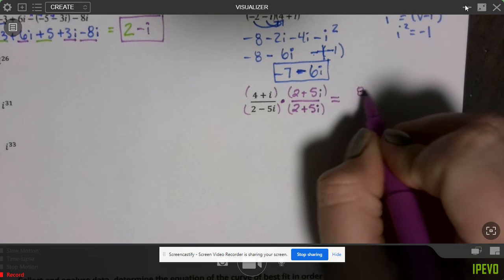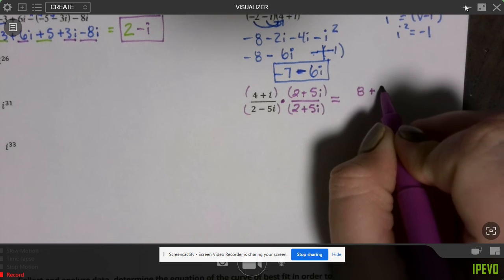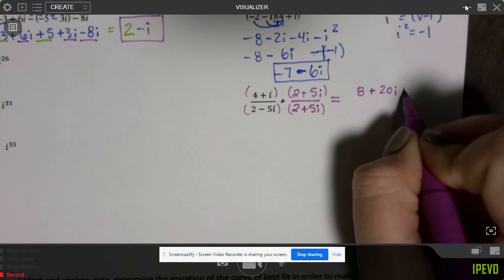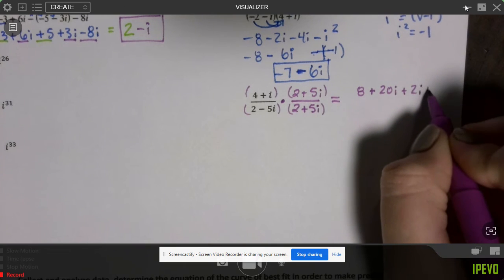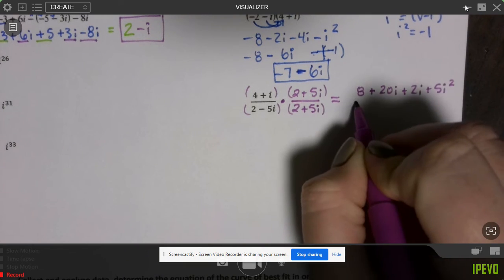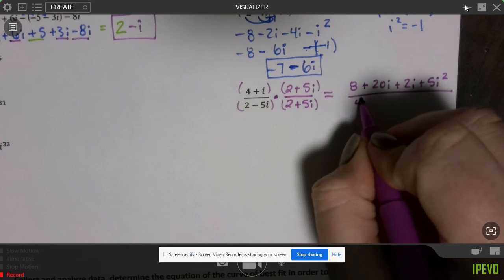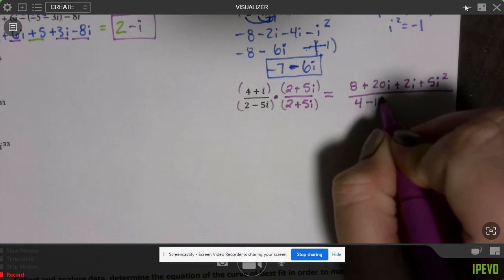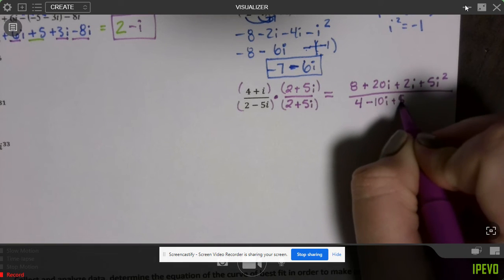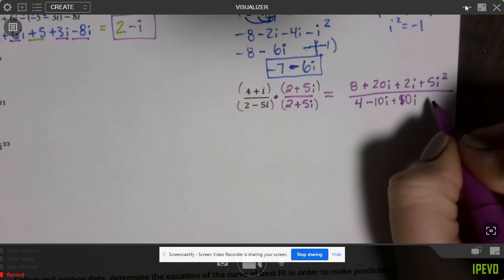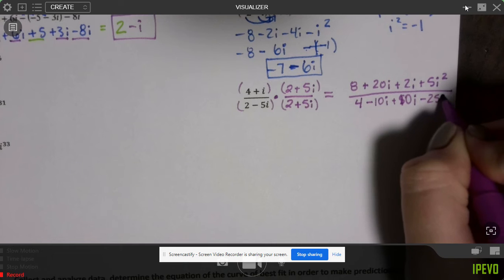So you'll have 8 plus 20i plus 2i plus 5i squared all over 4 minus 10i plus 10i, and then a minus 25i squared.